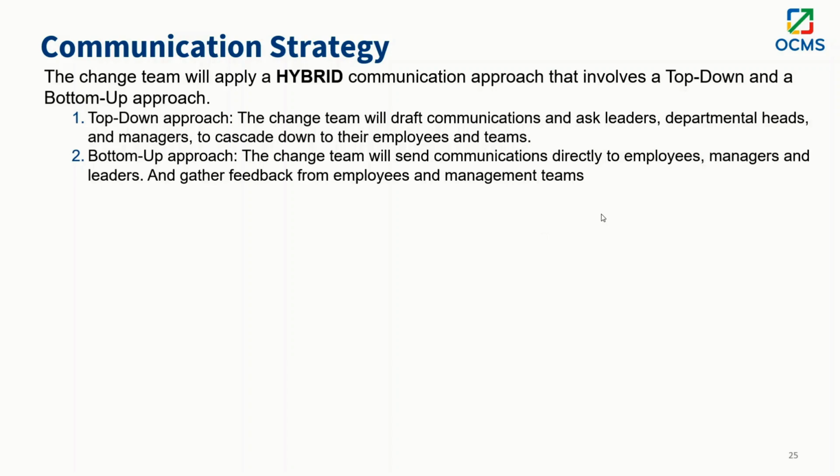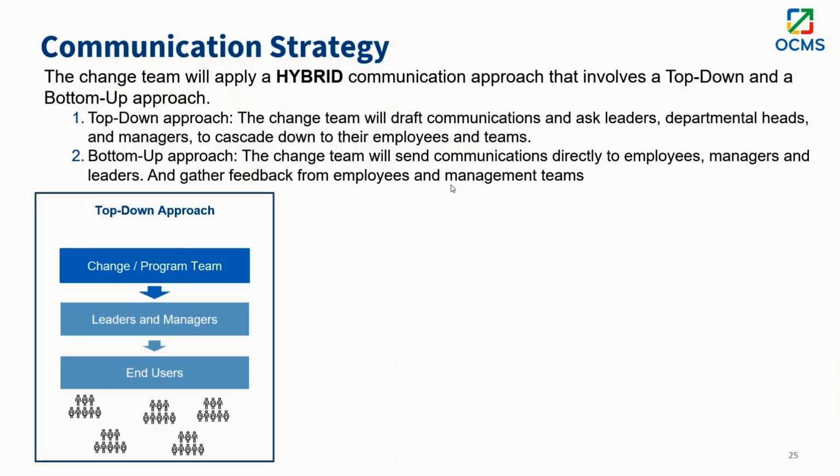Your communication strategies, you can leverage the ones that we currently have here on the template, but we recommend that you implement a hybrid communication approach that involves a top-down and a bottom-up approach. What exactly is this? With the top-down, and here is a visual representation, the change and program team are providing communications to leaders and managers and asking them to cascade those communications to end users.